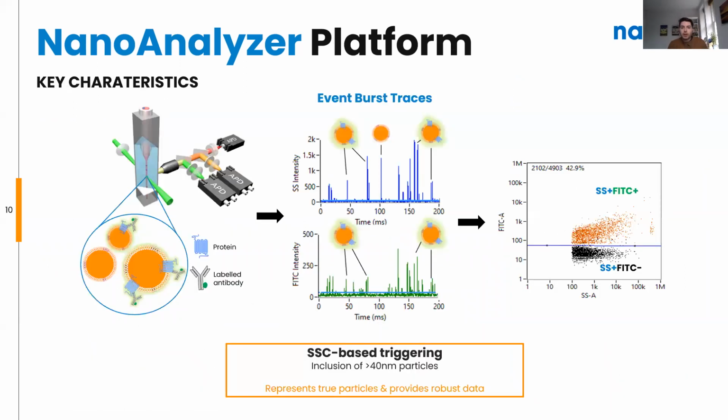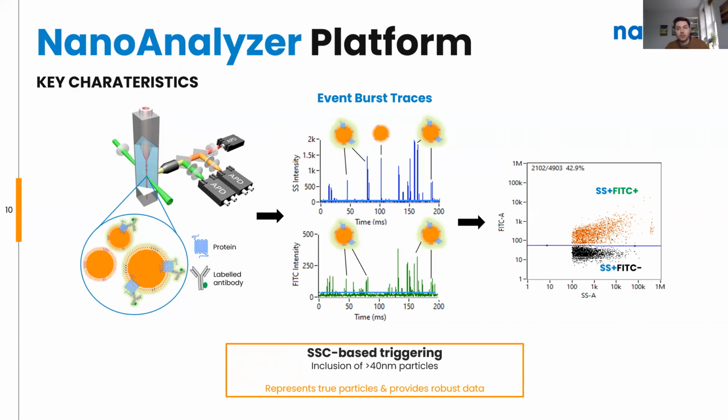And so, in the final segments of the presentation, I'd like to start giving you more insight into how the data looks when actually sitting in front of a NanoAnalyzer. In the schematic on the left, we see particles, some stained, some not, in our sample stream, and as each particle passes our laser, it's detected in up to 3 channels, 2 fluorescent and 1 side scatter.